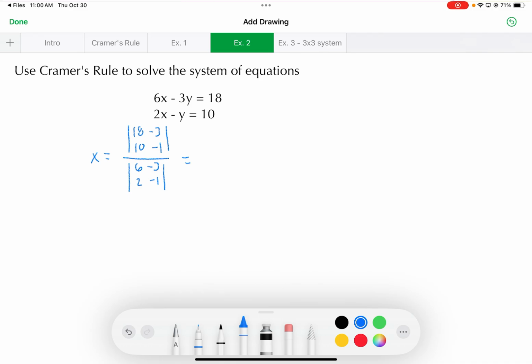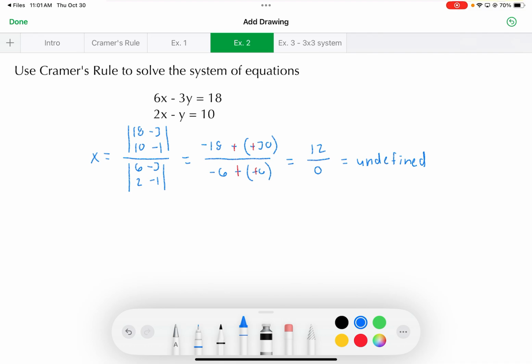Okay, evaluating the determinants, I'll get negative 18 minus negative 30 over negative 6 minus negative 6. These are going to turn to additions, of course. You're going to end up with 12 over 0, which you can't divide by 0, so that fraction is undefined, right?